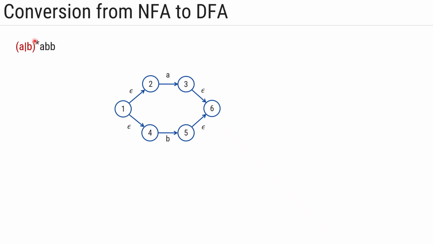Suppose there is a star also, we need to take two other states, one for the initial state and another one for the final state. If I take (a|b)* individually, this will be the epsilon NFA.